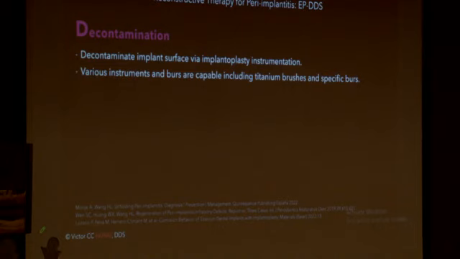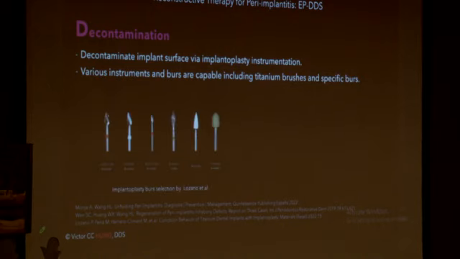So various instruments and burrs are capable, including titanium brushing and specific burrs. If you have some kits, you can use the most basic ones from your original dental burrs, finishing burrs, white stone, or polishing burrs. If you want to upgrade your instruments, you can find this kind of brush. I think Straumann has it, and some other companies have this kind of brush for you to clean the titanium surface of the implant body.